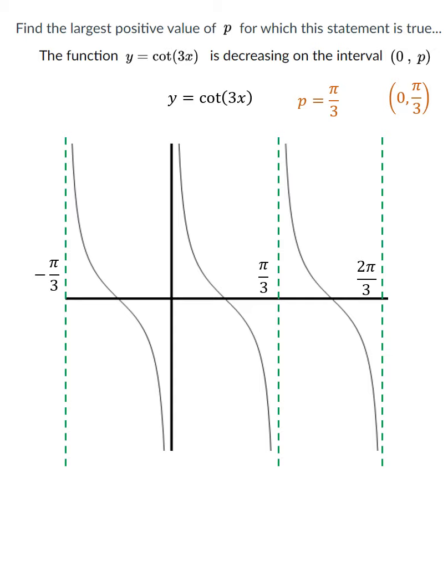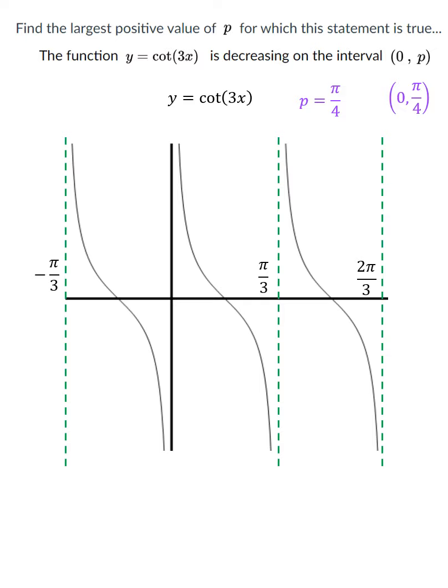And while that is the answer to the problem, let me expand a little bit further on the thoughts that went into my mind as I was doing this problem. The question asked for the largest value of p for which that is a true statement. It's worth thinking about here, even though we're done with the problem, that this is a true statement for smaller values of p than pi over 3. For example, let's consider p being pi over 4.